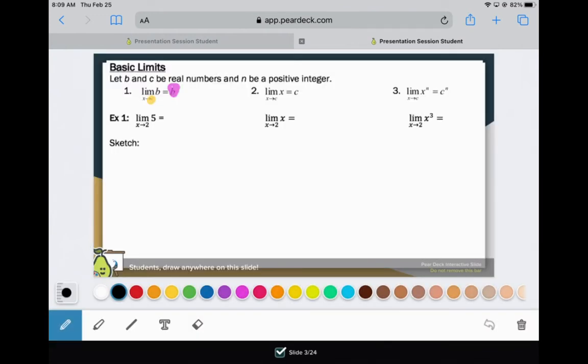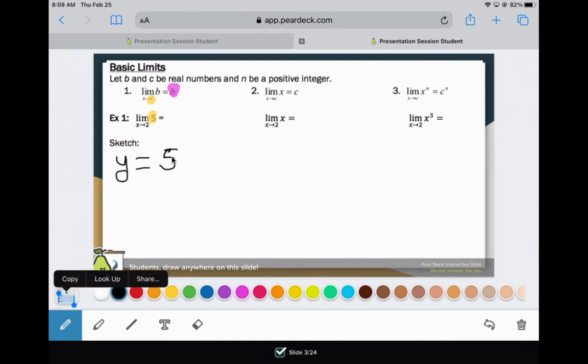Think about the limit of 5, the limit of a constant. This is the same as the function y equal 5. That is the function that's given to you if it's the constant. So anyone remember, if we sketch a graph of y equal 5, what is the graph going to look like?